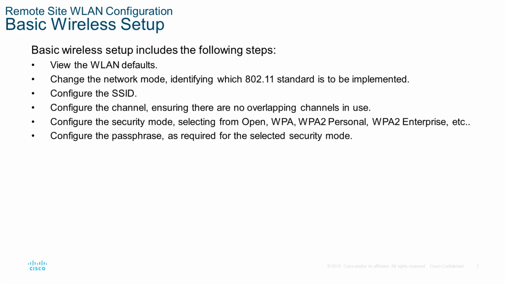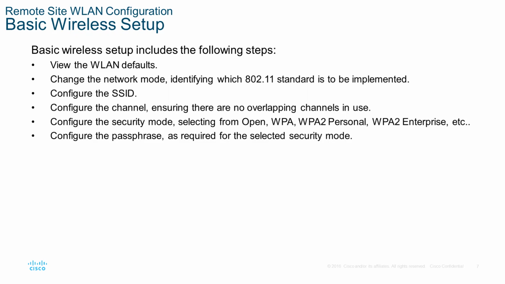After that, you can go in and set up your wireless defaults and basically make sure you've got the 802.11 and the version, so whether it's G, N, AC, whatever it is that you need set. Configure your service set identifier, change your channel setting.